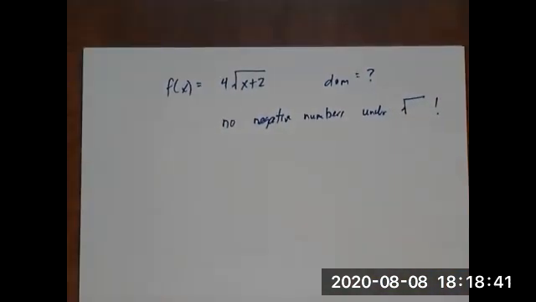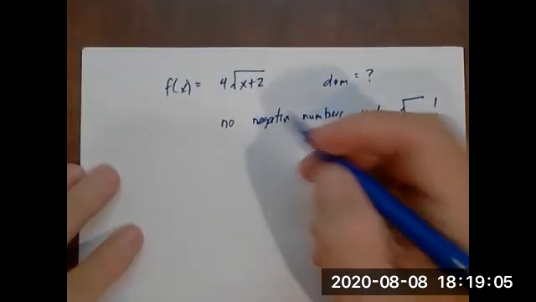You can't have it. So in a sense, what are we saying? What's the flip side of that? If the numbers can't be negative, that means they have to be positive or 0. So what I'm really saying is I've got to make sure x plus 2 ends up being a positive number or 0.